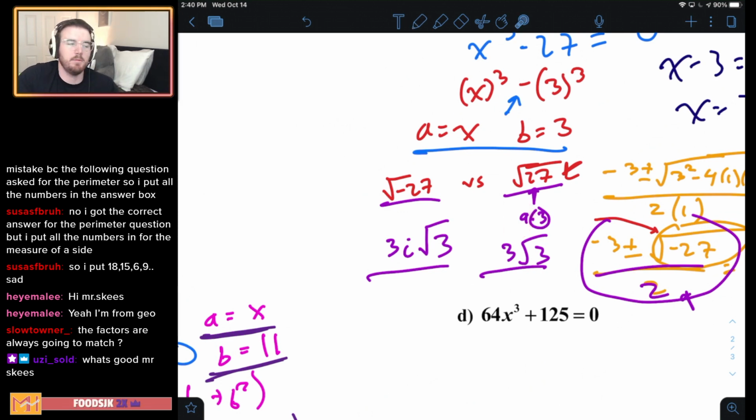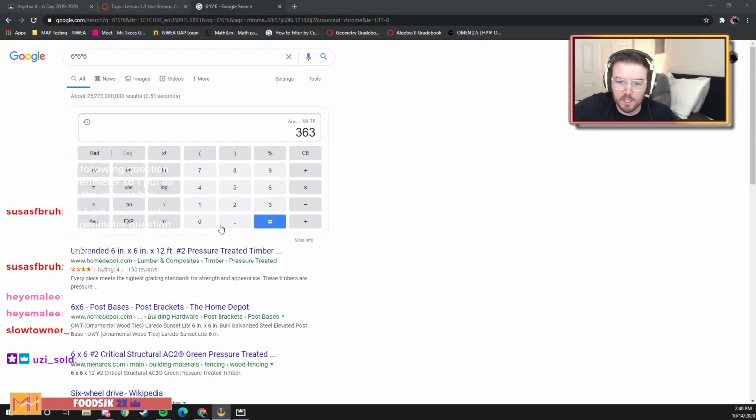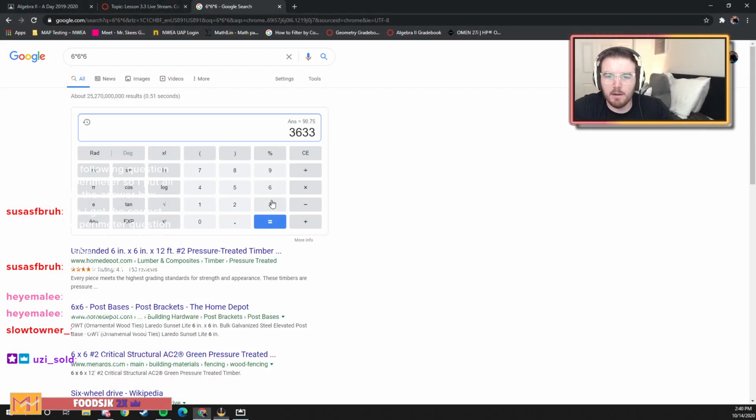I think we all know that 9 times 3 is 27. What's my biggest perfect square here? I'm just trying out some numbers. So 363, is it divisible by 4? No. Is it divisible by 9? No. Is it divisible by 16? No. Is it divisible by, what's the next one?